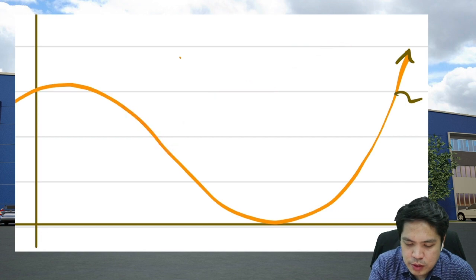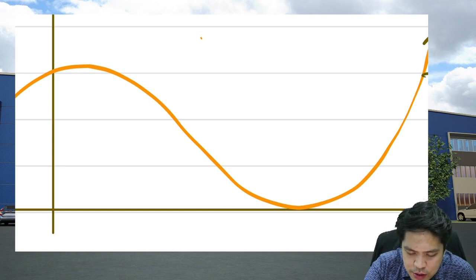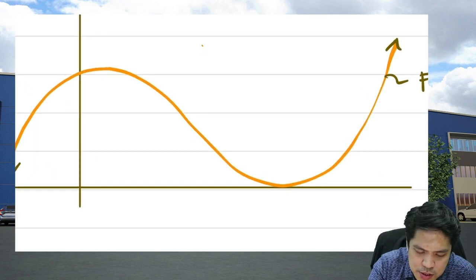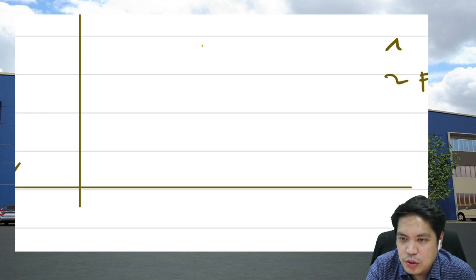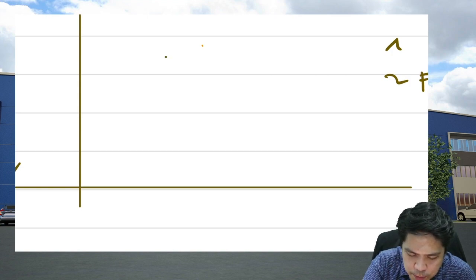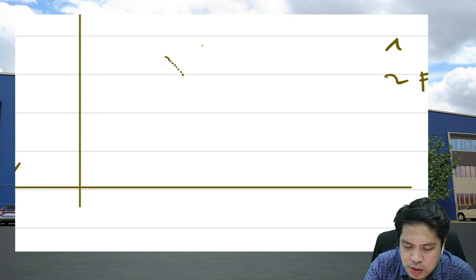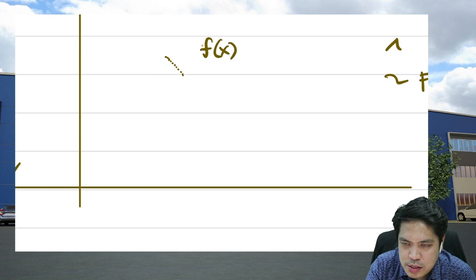Right? Now, when it comes to integral calculus, it's the reverse. In integral calculus, we will start not with the graph, but with the derivatives. Let me erase this. In integral calculus, what we are given are the behavior, the derivatives, or the differential equations. For example, we are dealing with a point that behaves this way, and the behavior of the point is described by the function f of x.